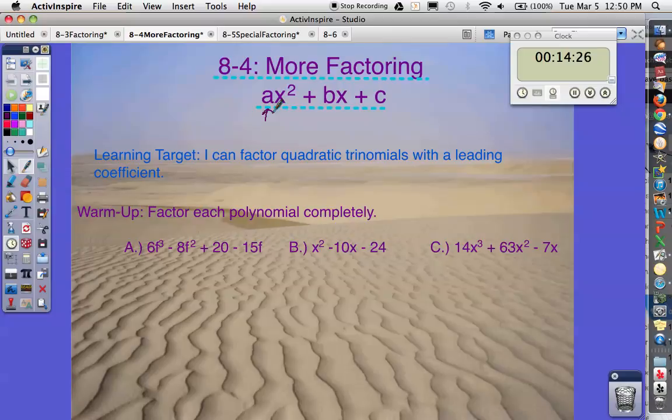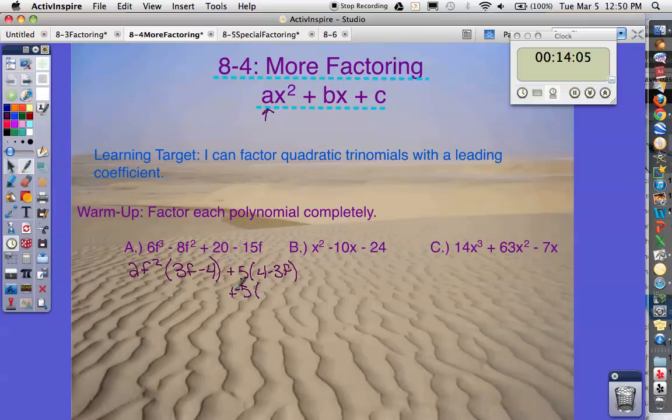Pause the video now. On this first one, you want to pull out a GCF of the first two. We have 2f squared on the outside, 3f minus 4, and then we have a plus 5 on the outside, 4 minus 3f. Your factorization doesn't match right now, but I can rewrite this as plus a negative 5.